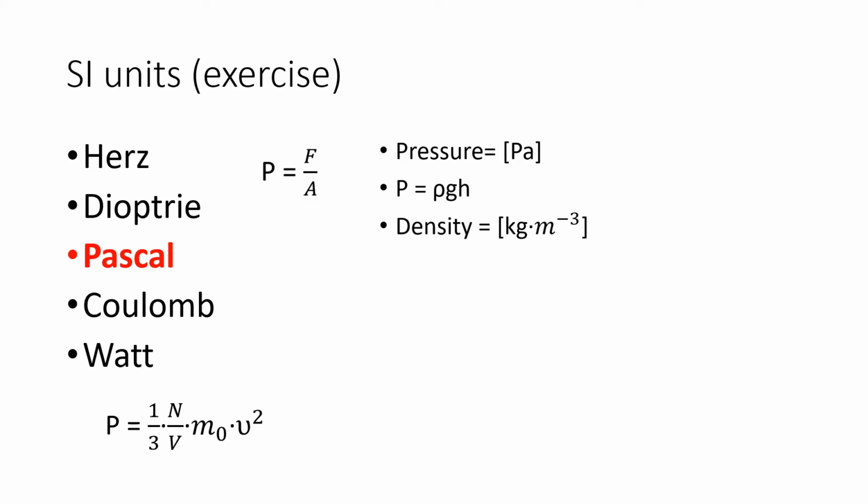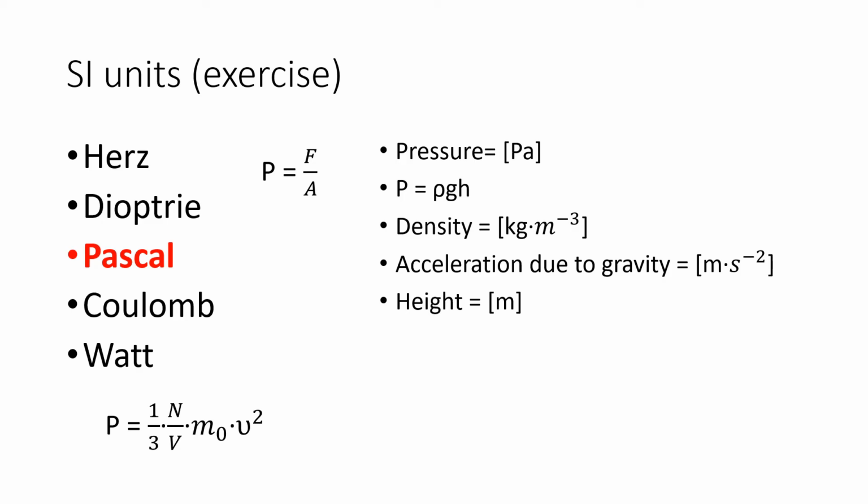Density has the unit of kilogram per cubic meter, acceleration due to gravity is measured in meters per second squared, and height is measured in meters. Overall, after combining the units into the equation of hydrostatic pressure, we can see that Pascal is equivalent to the product of kilogram times inverse of meter times second to the power of -2.